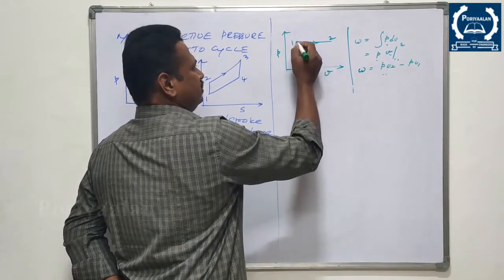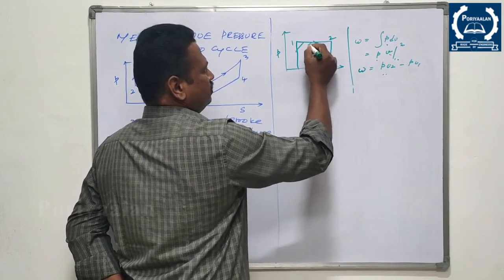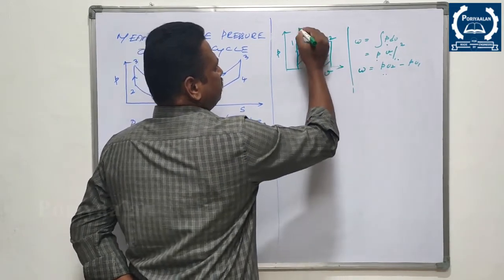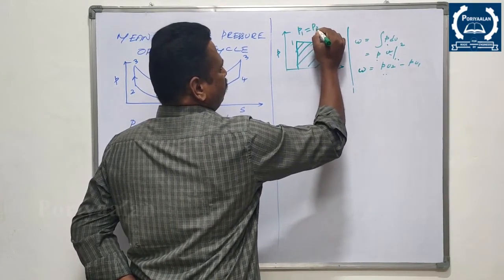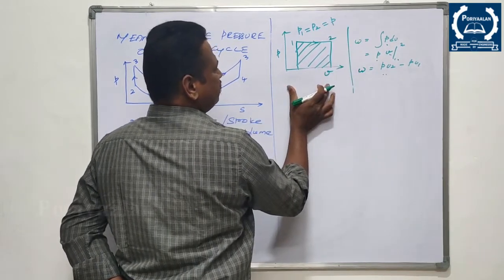So this is the required area, which I am hatching now. The height is P1, which is equal to P2, which is equal to P. The width is required now.